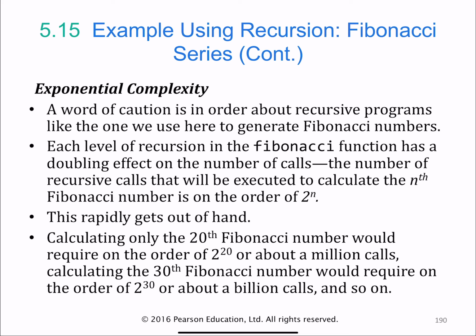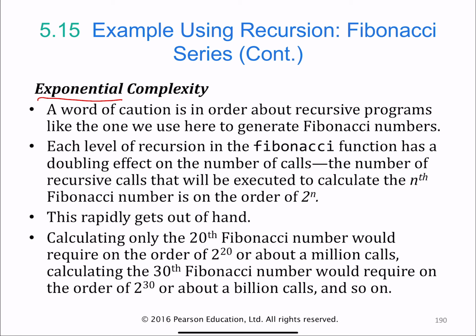They grow exponentially, and that's really dangerous. It means a recursive program whose number of function calls grows exponentially can really make your system run out of memory real quick.